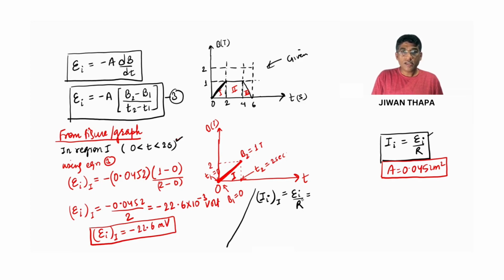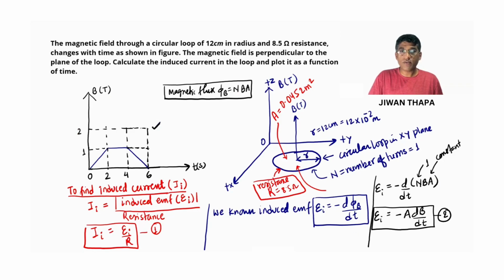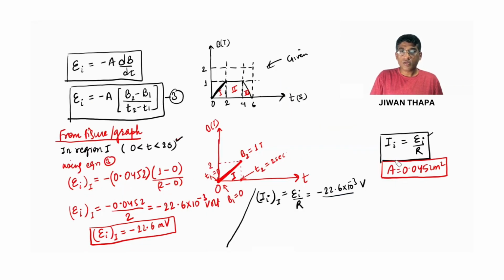And the induced EMF is minus 22.6 into 10 to the power minus 3 volt, divided by the resistance of the coil, which is given as 8.5 ohm. So R is 8.5 ohm. Let's find this.